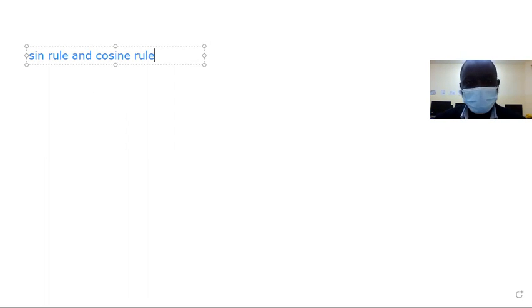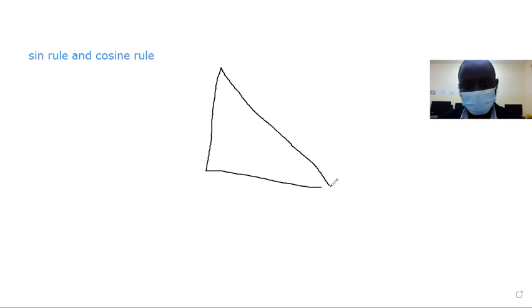If I have this triangle, and we know that if we have an angle like this, let's say this angle is 92 degrees, and this angle is 47 degrees, we know that we can easily find the third angle.